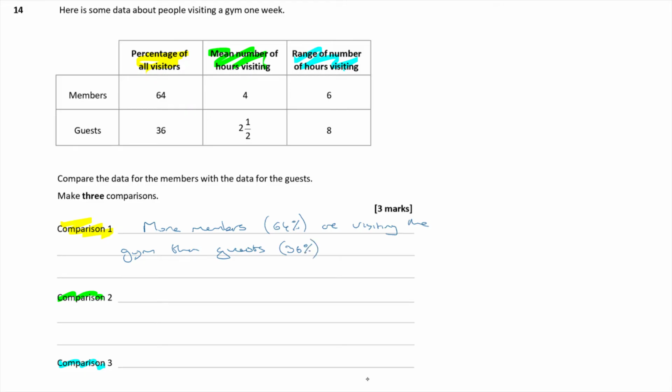I like to put the numbers in because it just backs up your argument. I've used the yellow stuff, so let's move on to the green one. The mean number of hours visiting, that's 4 versus 2.5. So my second comparison is that members on average attend for more hours than guests.